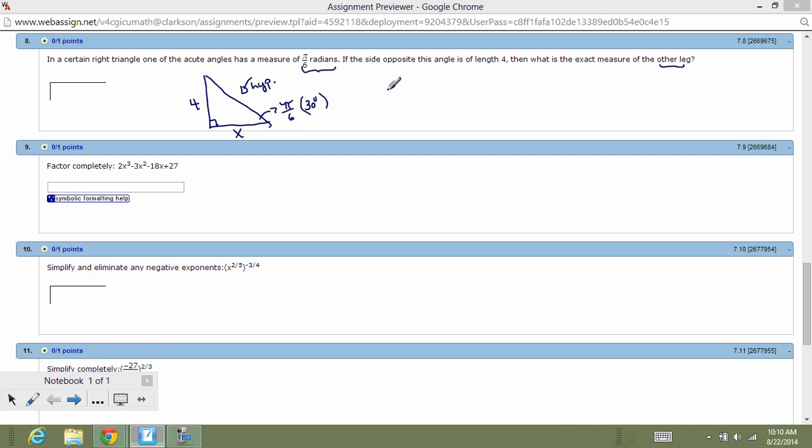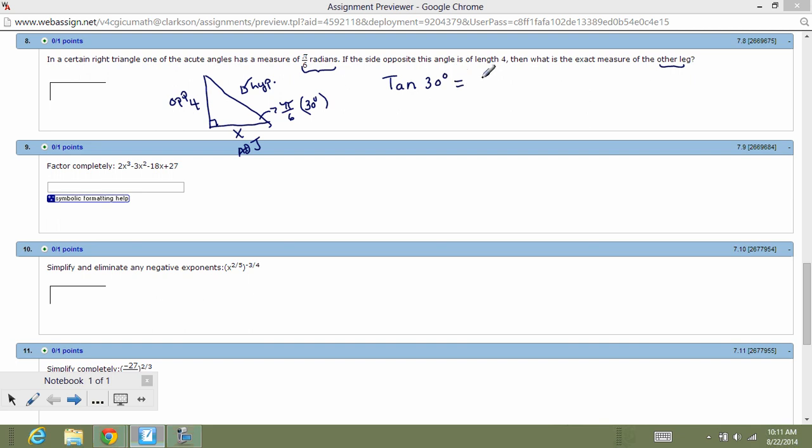Well, using a little bit of right triangle trigonometry here, at least one way to do it, we have the opposite leg, and we're looking for the adjacent leg. And so that would indicate that we're going to be doing a tangent of 30 degrees.